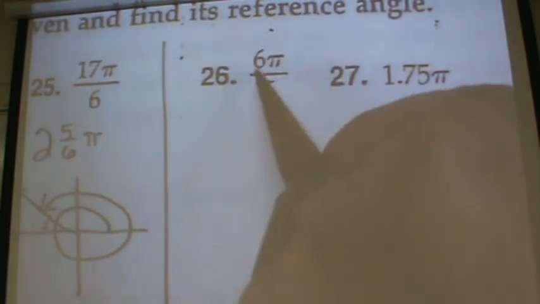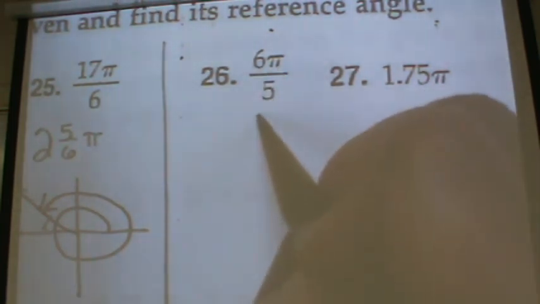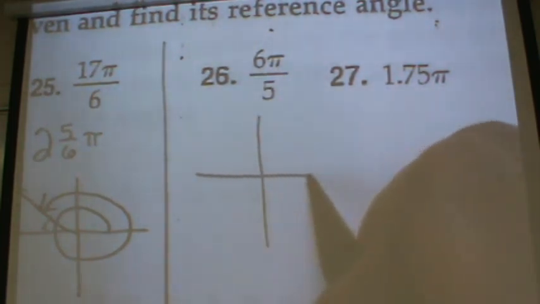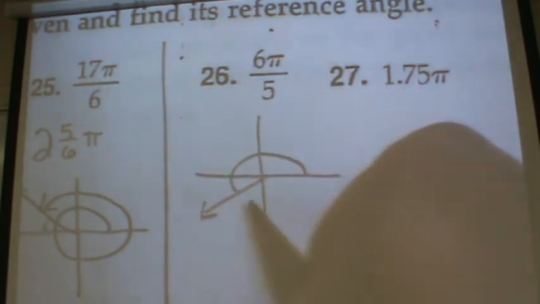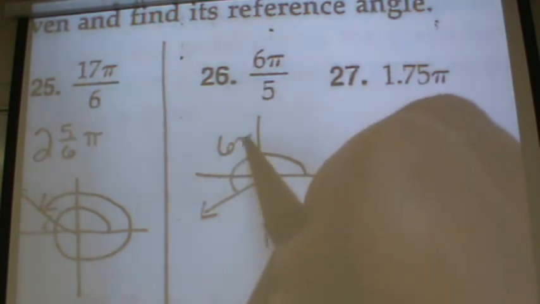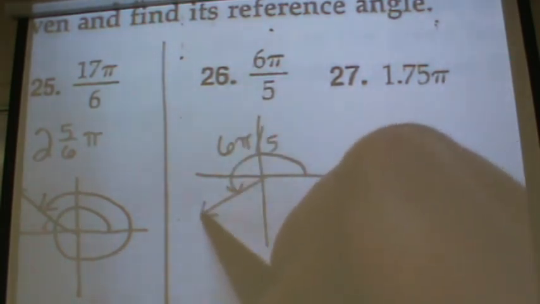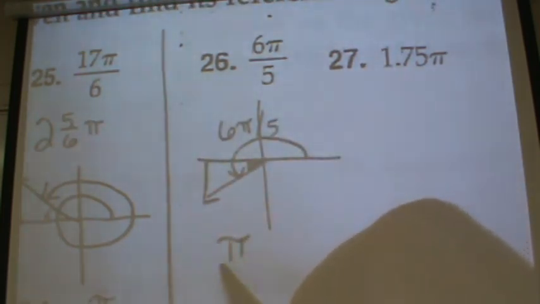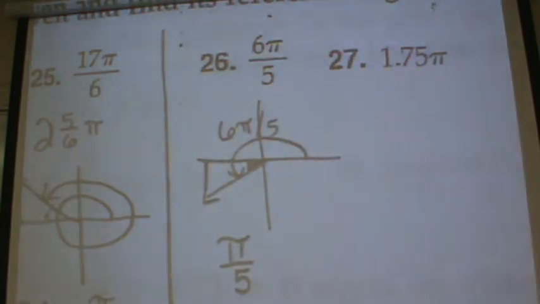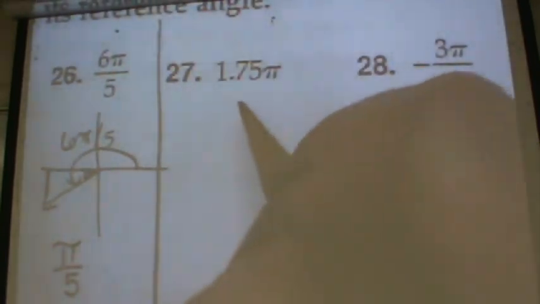Okay, next one. 6/5 pi. Where's 6/5? It's like that. That's 6/5. What's your reference angle? It is this angle right here, which would be pi over 5. 27. 1 3/4.